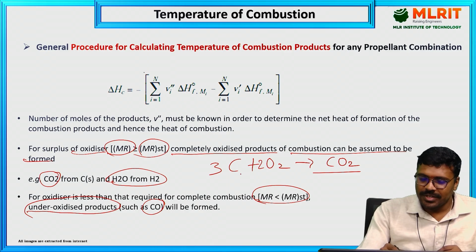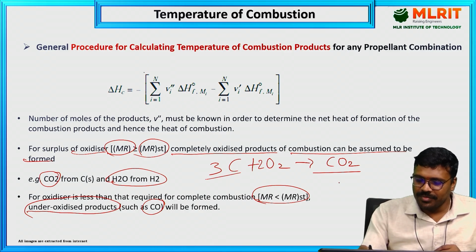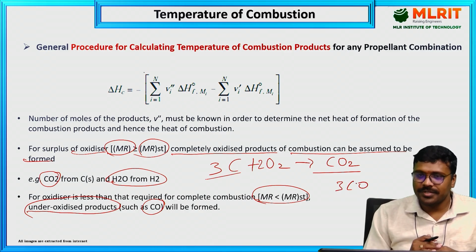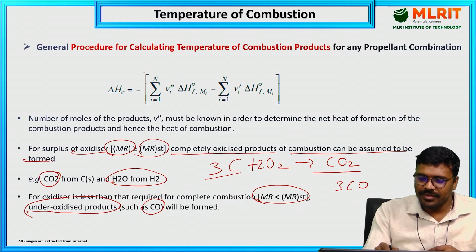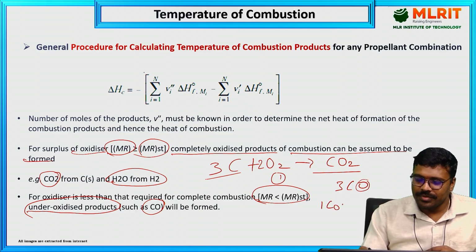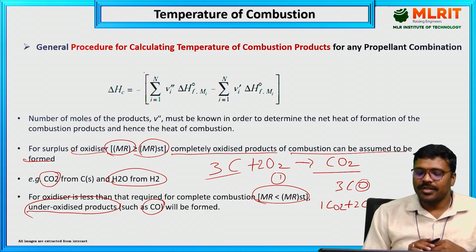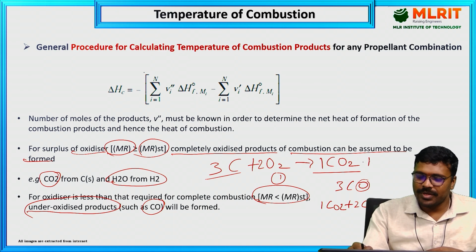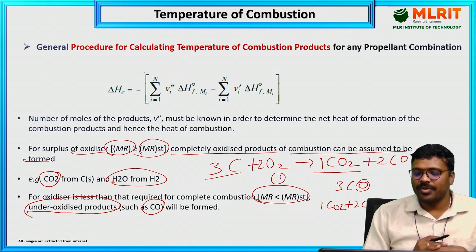First, 3 carbons will form 3 carbon monoxides. So how many oxygens will be left? Out of 4, only 1 oxygen will be left because 3 oxygen is used here. Next, 1 CO2 plus 2 CO will be the combustion products. For this, 1 CO2 plus 2 carbon monoxide will be formed.